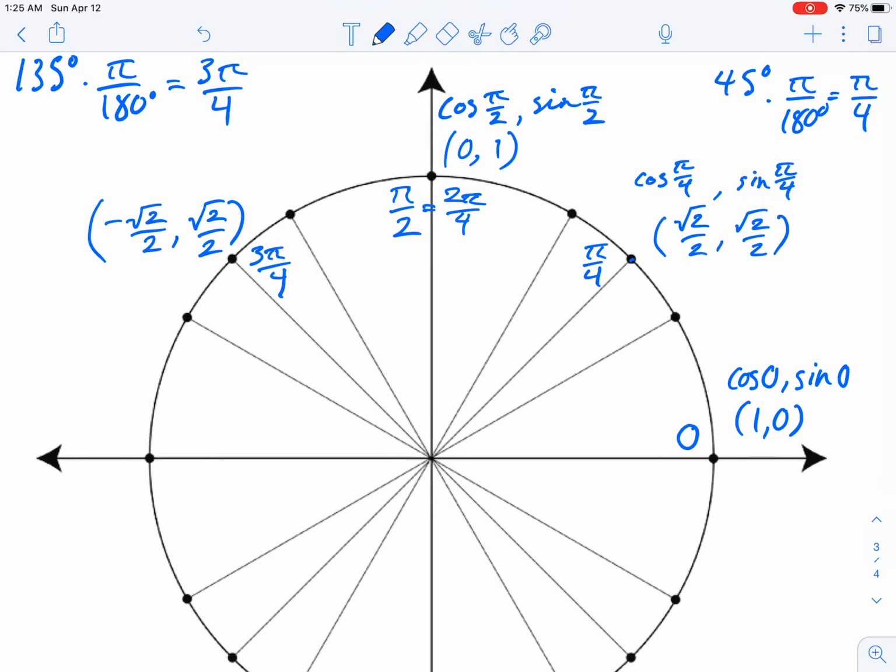Because we are in the second quadrant, x values are negative, so we know that that first value, the cosine of 3 pi over 4, must be negative root 2 over 2, and the sine of 3 pi over 4 would be positive root 2 over 2. You can continue in this same vein. You'll definitely need to write smaller than I am, and you may also want to generate other copies of this unit circle to fill out and refer to.